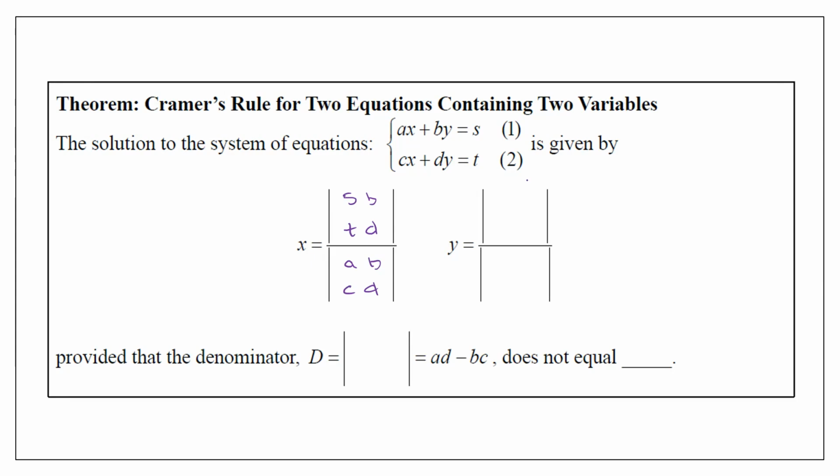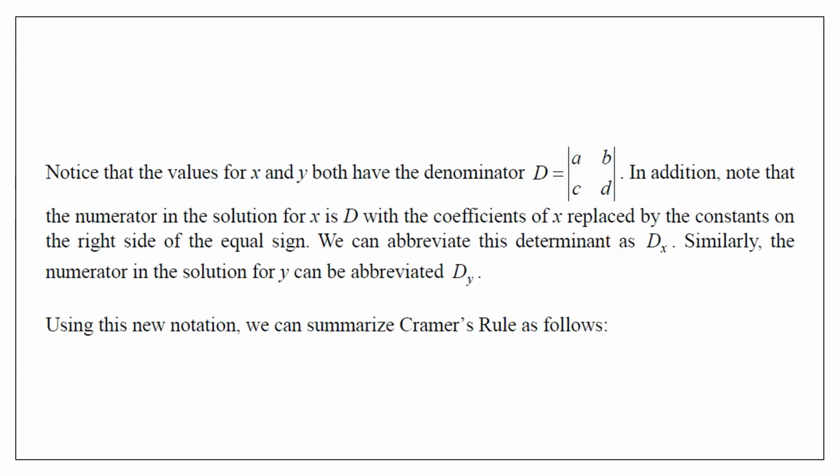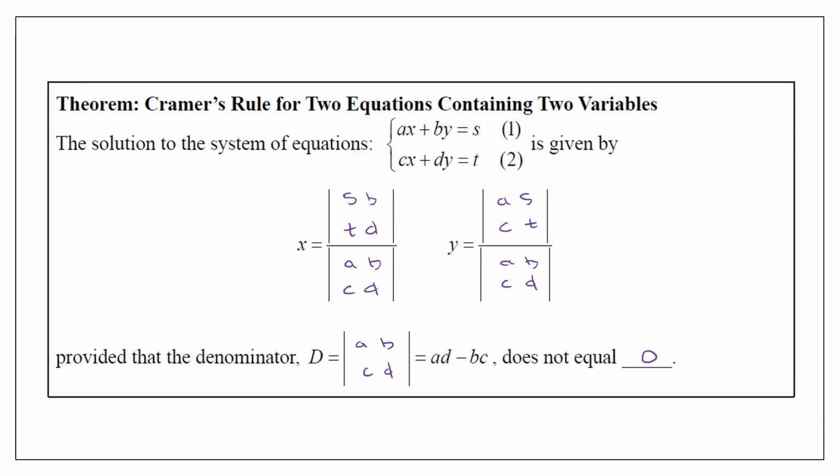Y equals the determinant AS, CT divided by the determinant AB, CD, provided that the denominator, which is A times D minus B times C, does not equal 0. Notice that the values for x and y both have the denominator D.